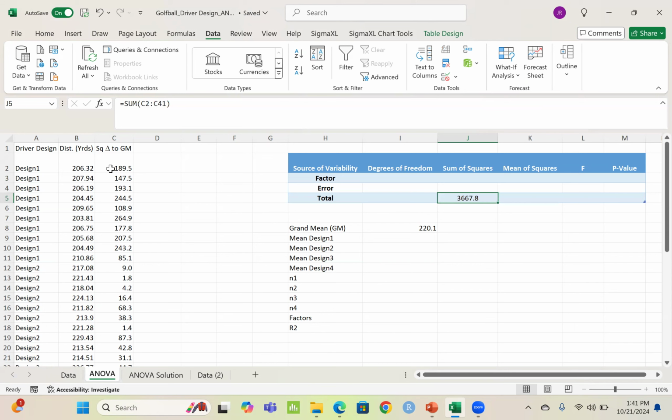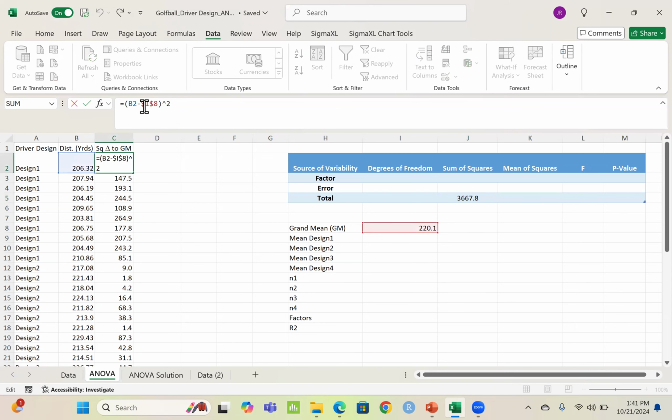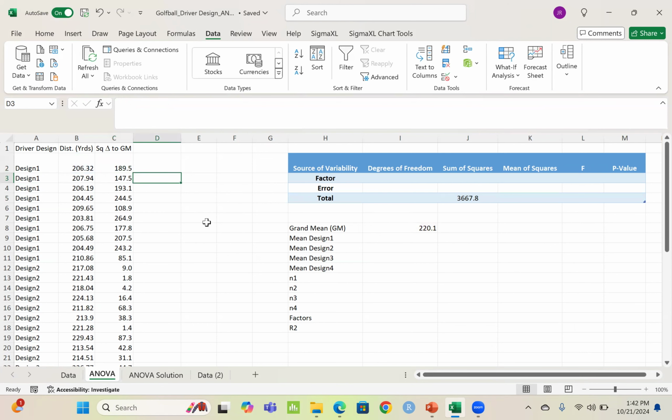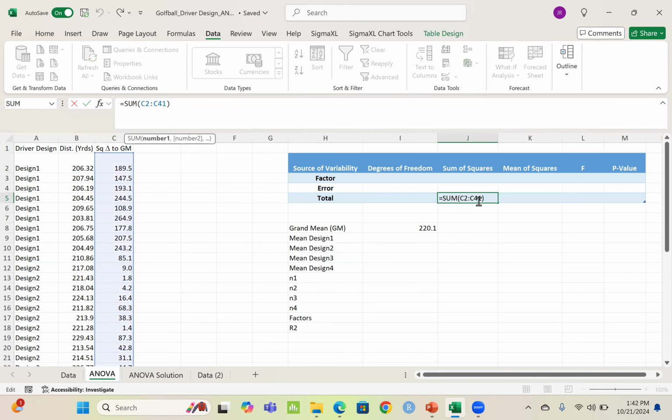Okay, nothing difficult so far. Again, to refresh, this is going to represent the distance between this value and this value right here, and we're squaring those distances. And then all I do is just add all of them, and I'm going to put that value right there.